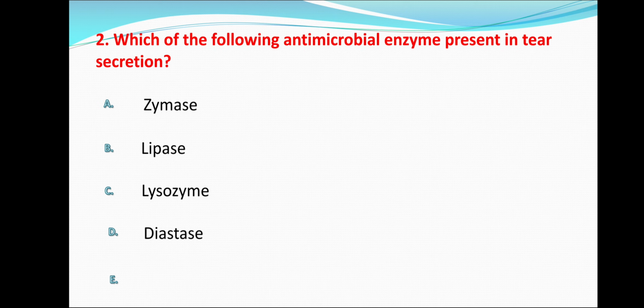Next question. Which of the following antimicrobial enzymes is present in tear secretion? The options are zymase, lipase, lysozyme, diastase. It is a direct question and the answer will be option C, that is lysozyme.